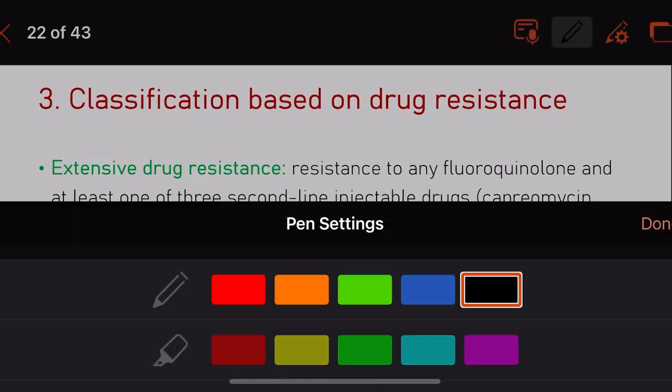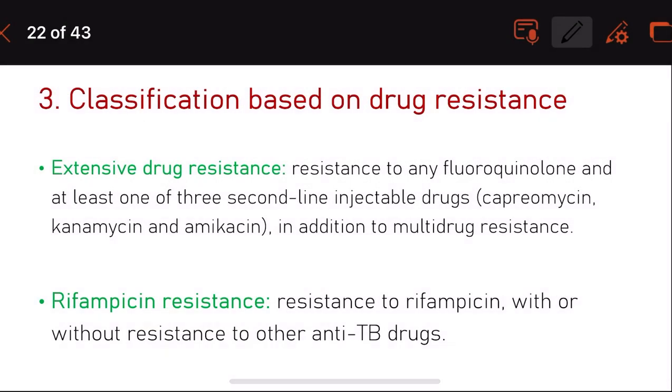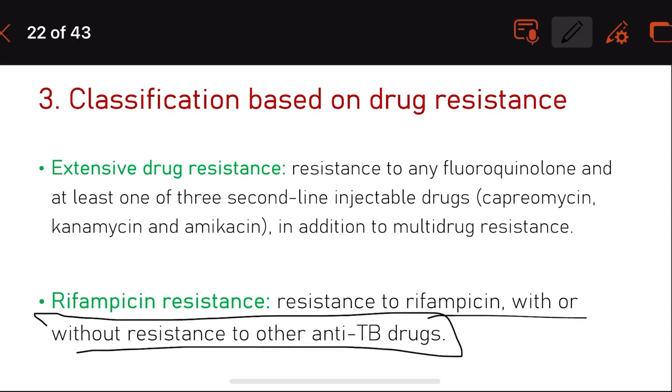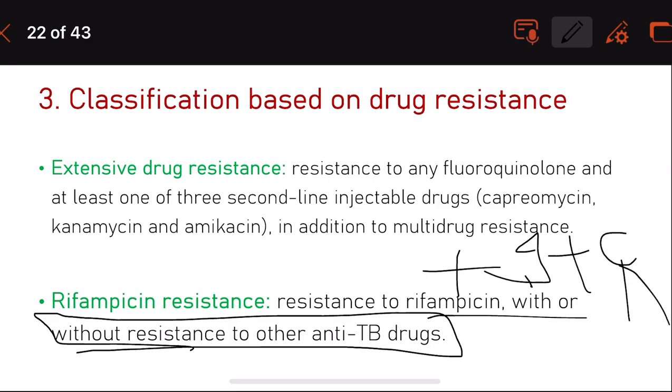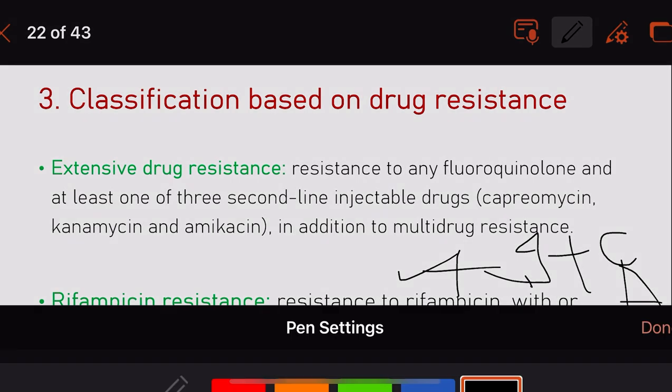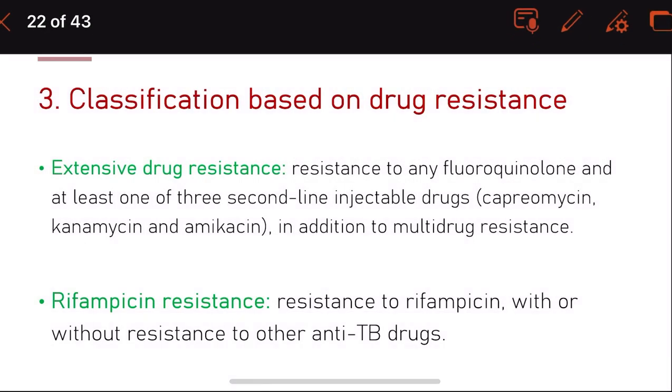Then comes specific rifampicin resistance: resistance to rifampicin with or without resistance to other anti-TB drugs. It can be rifampicin plus isoniazid or second line drugs like capreomycin, amikacin, kanamycin, or just resistance to rifampicin alone.